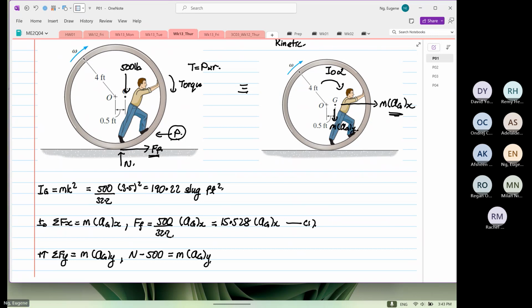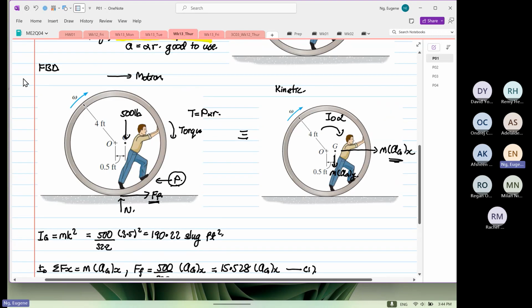So from here, again, we know that this will be equal to 15.528 bracket, and we have our AGY. Equation number 2. Then from here, we're going to take our moment from point O.